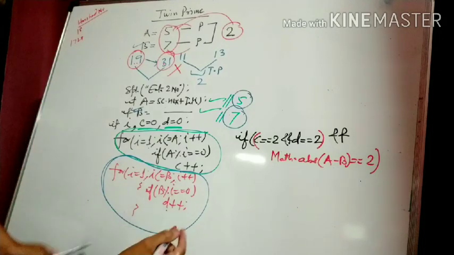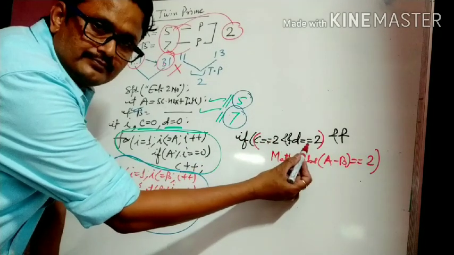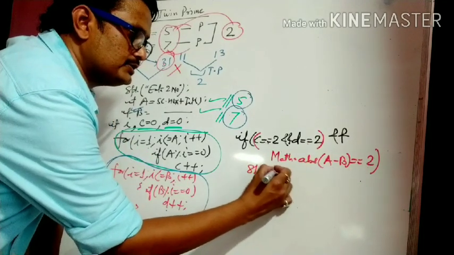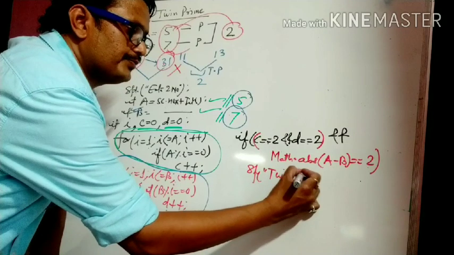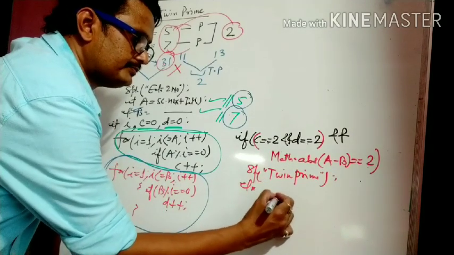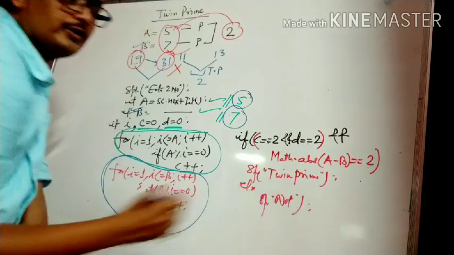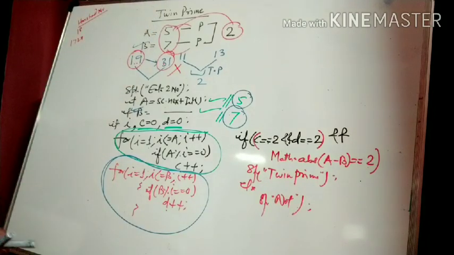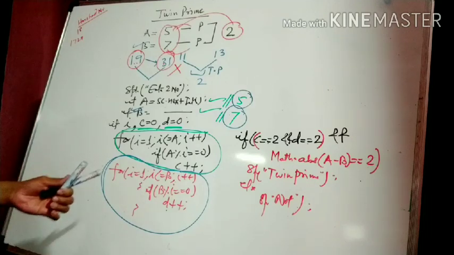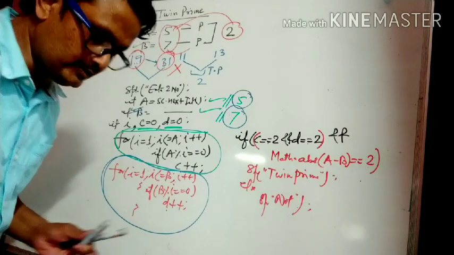So if both the numbers are prime and the difference between both the numbers is 2, then this is known as a twin prime, else not. So this is the way to check whether a number is a twin prime or not.